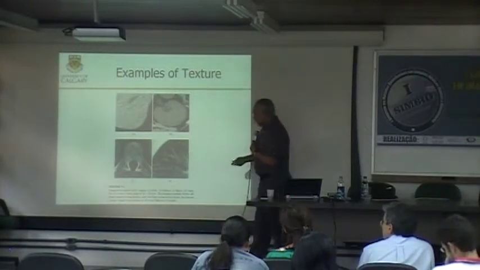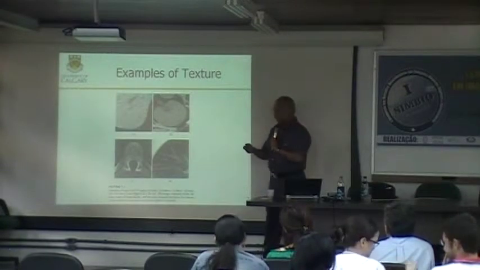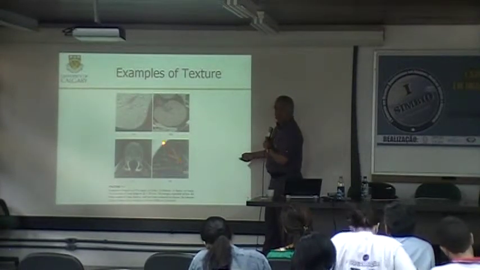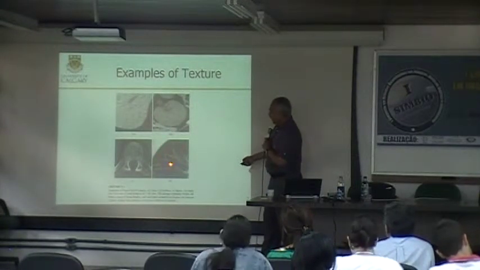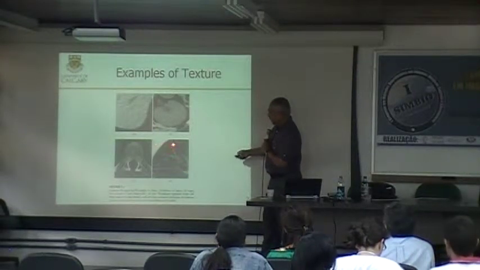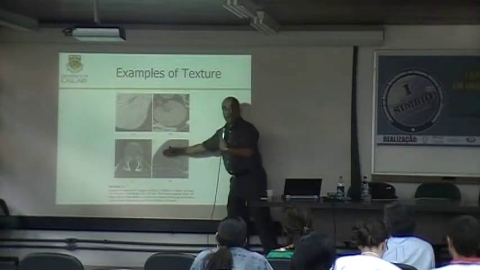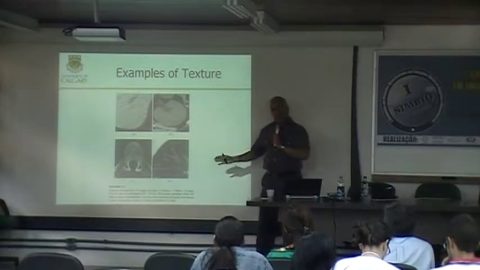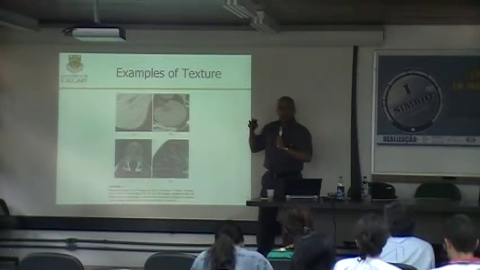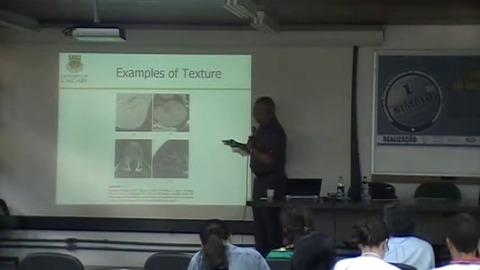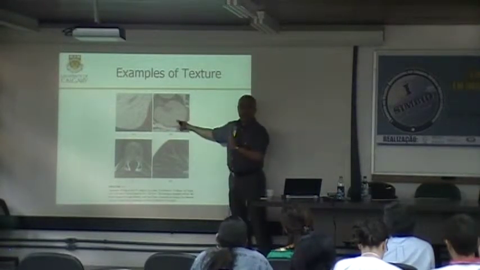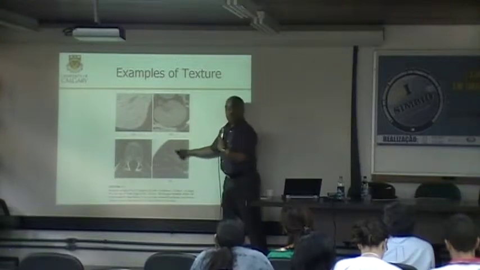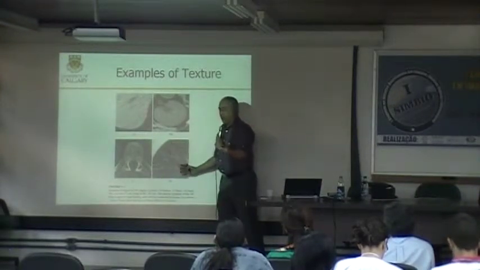Here, part of the lungs, the airway tree, branching. It's coming here, branching, branching again. So this is the airway tree, a small part of it in the lung. Is that texture? Well, maybe. It is not random texture. There is order. So, and there is orientation.